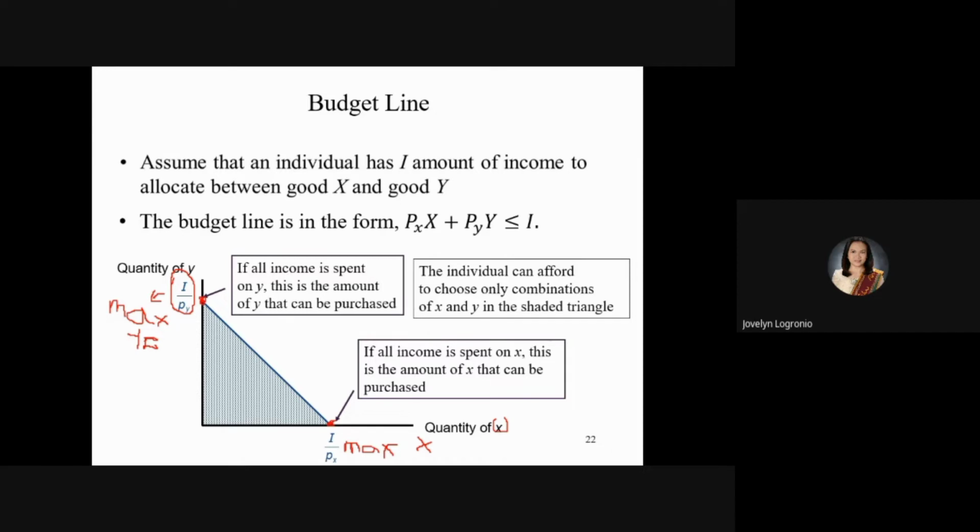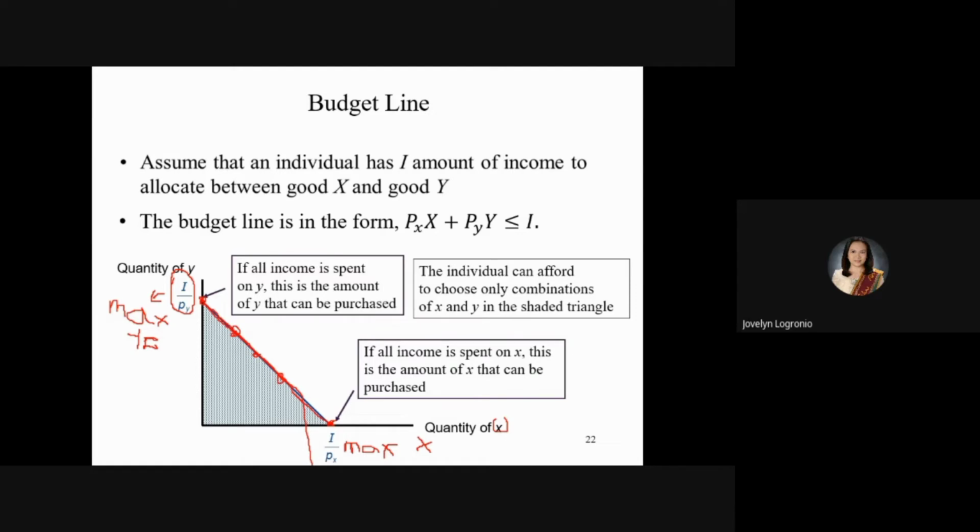Okay, so any combinations of X and Y na on or within the budget line is possible or attainable given the income of the consumer. And take note, class, that if full utilization of income is attained, or if the consumer will spend all of his income on good X and good Y, then this budget line, the straight line here, is possible.